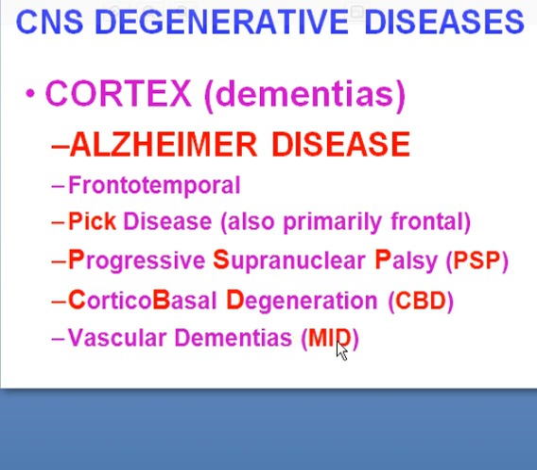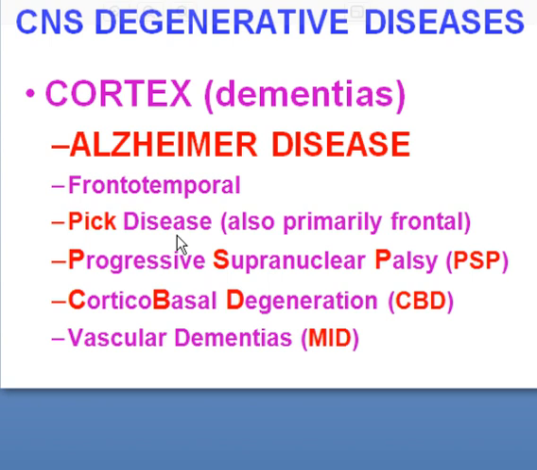These other three things here, frontotemporal, Pick disease, PSP, CBD, these are all cortical dementias too, but they're all relatively very, very rare. But the one thing that they share in common is that they have an accumulation of a protein called tau protein, which is a protein that is coded by the tau gene, hence the term tauopathies.